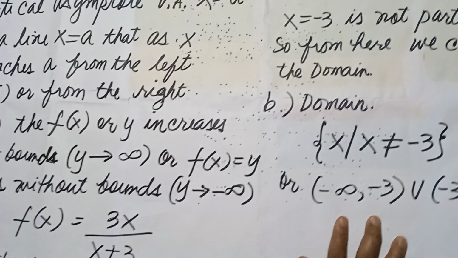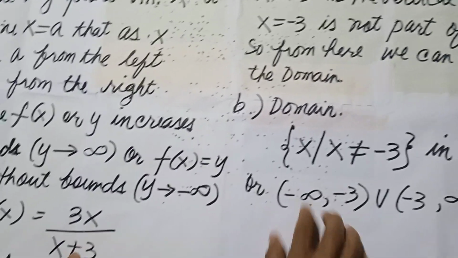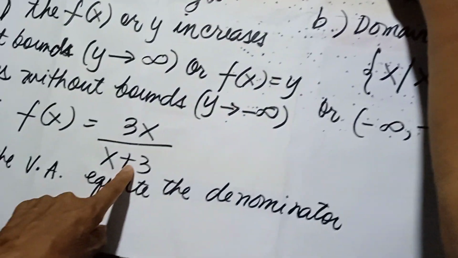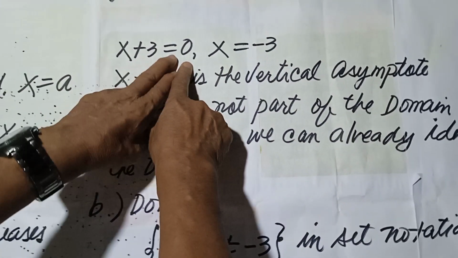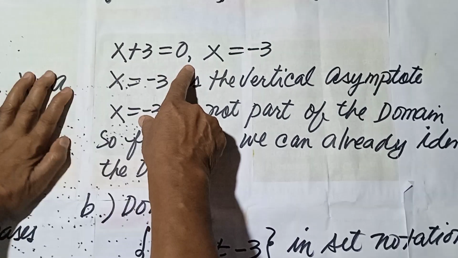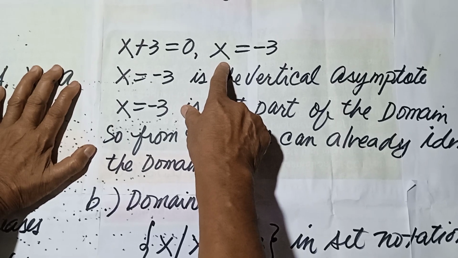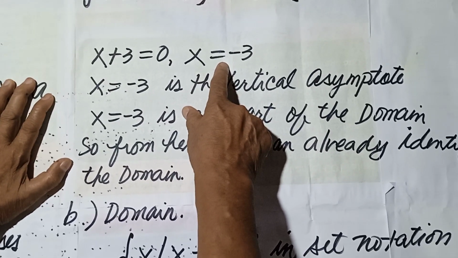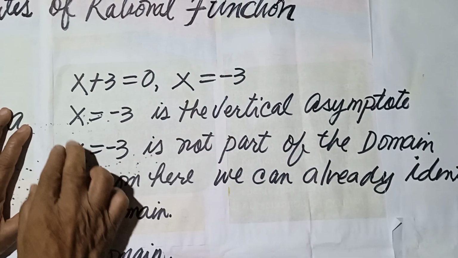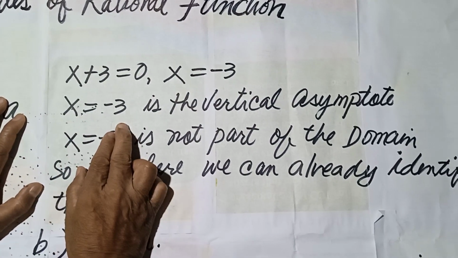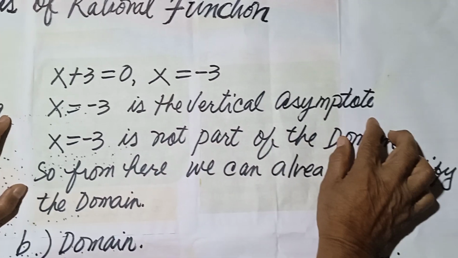So x plus 3 equals 0, and we get x equals negative 3. This is our vertical asymptote.